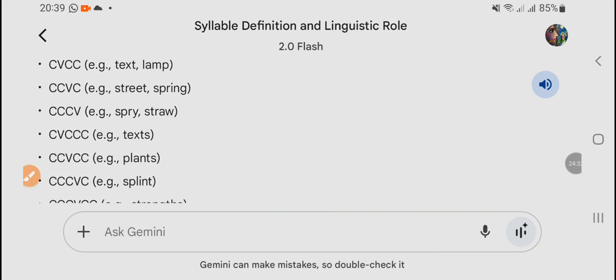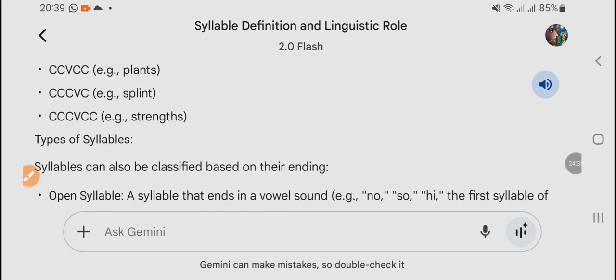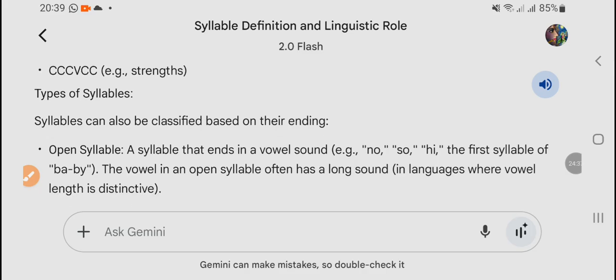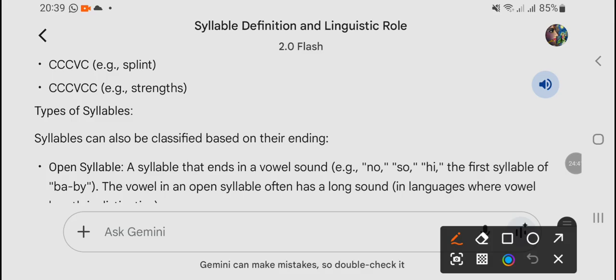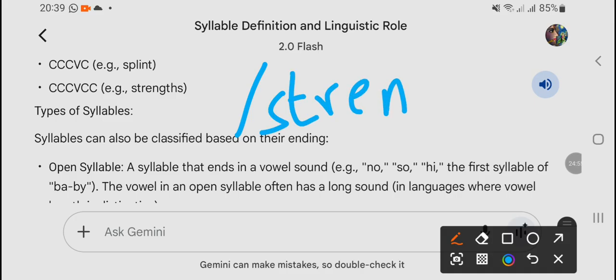Similarly, you can see a number of examples. I think you must have got it. The last example I can explain is strengths.